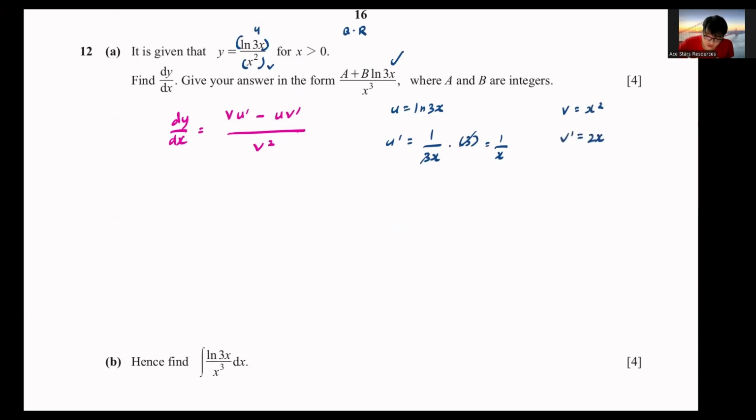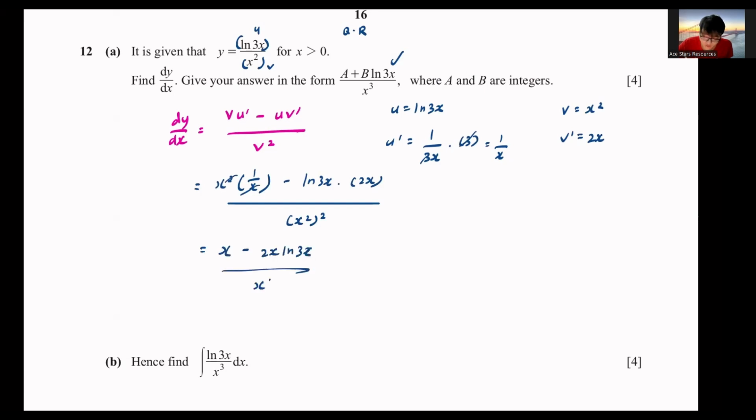Now we are ready. So x squared times 1 over x, minus ln 3x multiplied by 2x, over the entire x squared squared. So you end up with x minus 2x ln 3x over x to the power of 4.